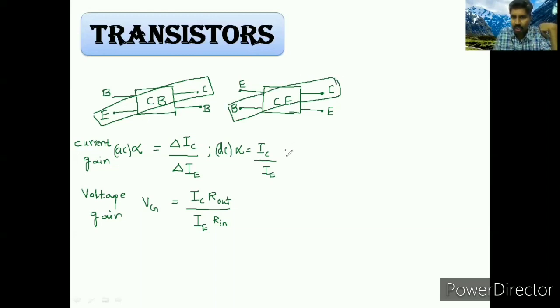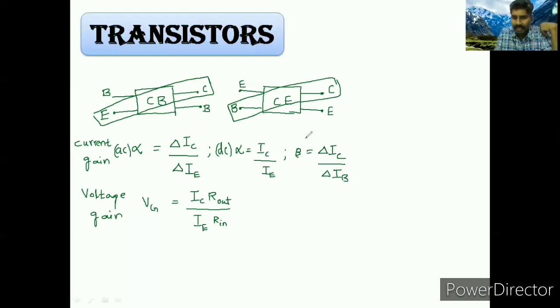Now here also, current gain of common emitter configuration beta is equal to, how can we write it in AC? In AC, change in the collector current by change in the base current.